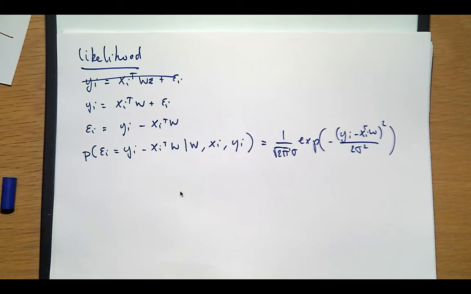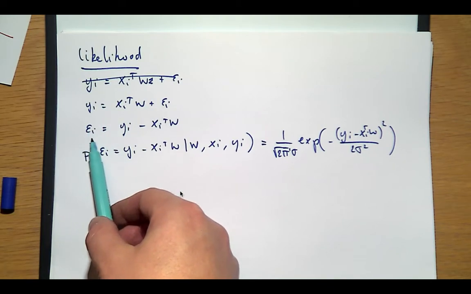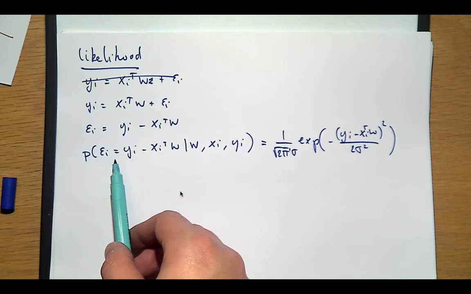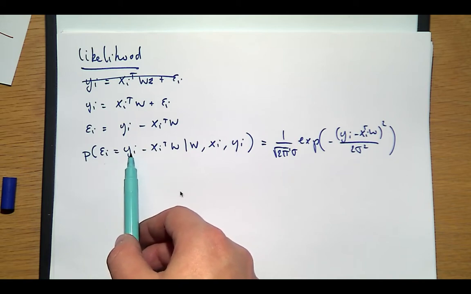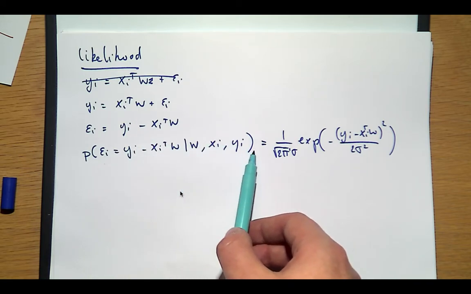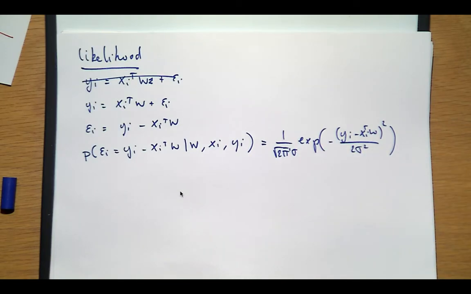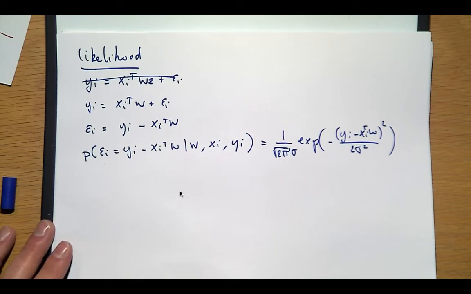Okay, so the model we have for epsilon, that's quite simple. So we say epsilon has to follow a Gaussian distribution, and therefore the probability that epsilon is this particular value, given the fact we assume we know them, is just given by the distribution we submitted.